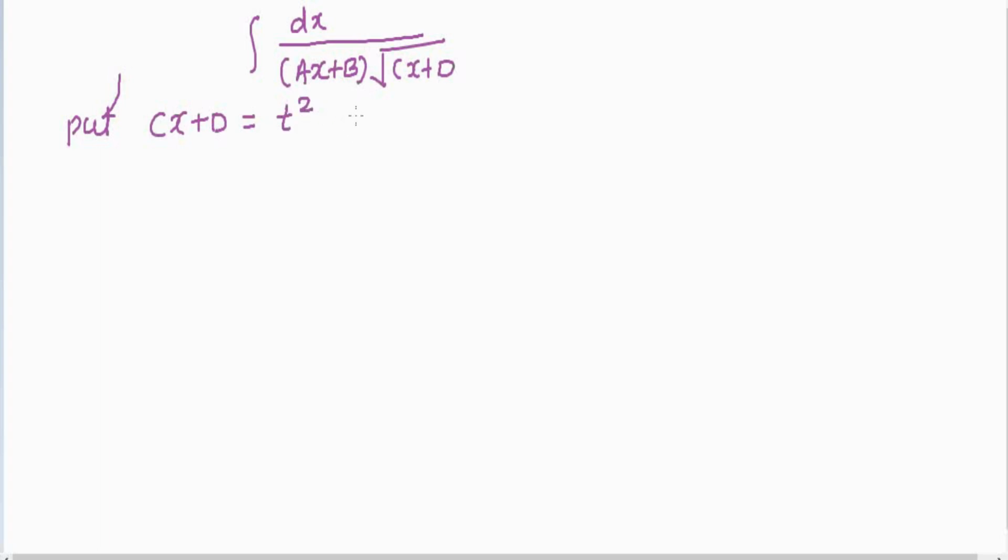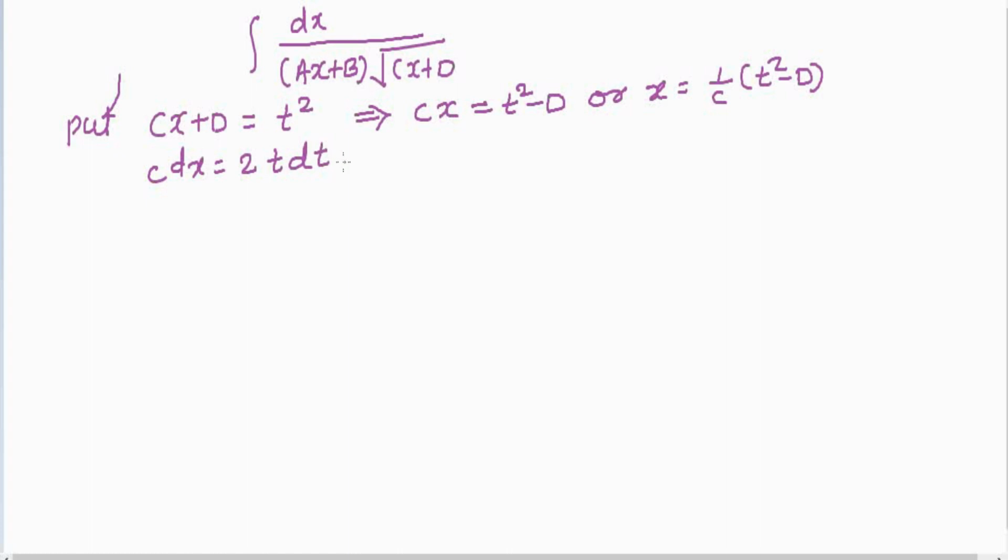Then we find that cx equals t square minus d, or x equals 1 divided by c into t square minus d, and c into dx equals 2t into dt.